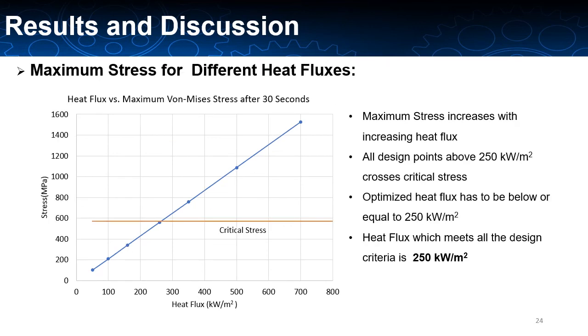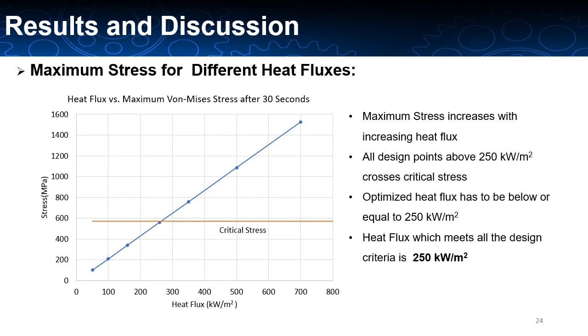So this is the result for the maximum stress over time against the heat flux, and that was the second critical design parameter. If you remember from the earlier slide, the maximum stress cannot go above 570 megapascal for the stainless steel 410 combustor body.